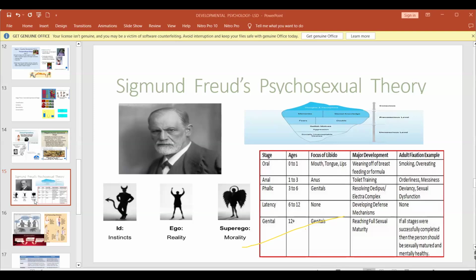During this phallic stage, the child is attracted to the opposite sex parent. If it is a boy, he is attracted to the mother. If it is a girl, she is attracted to the father.